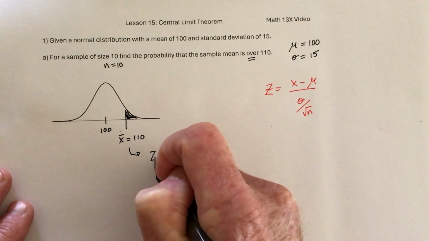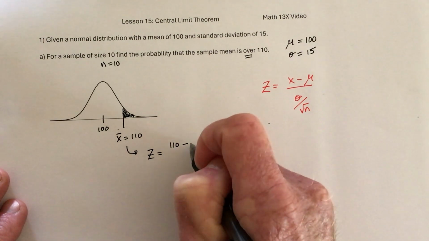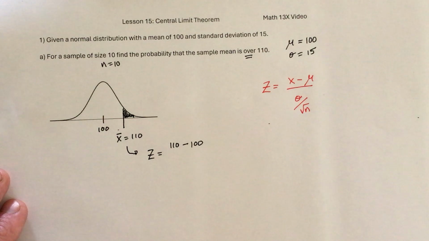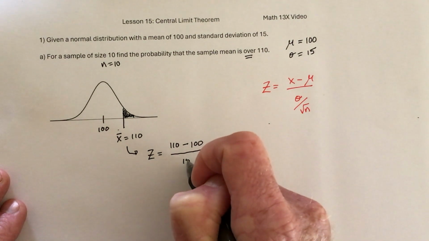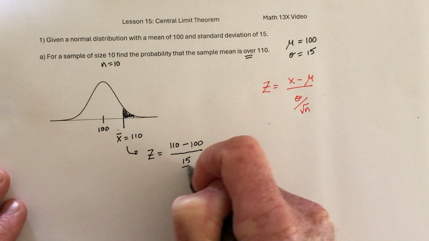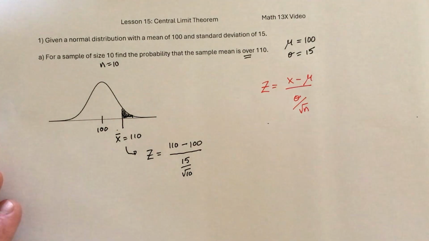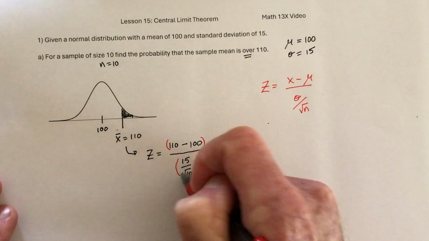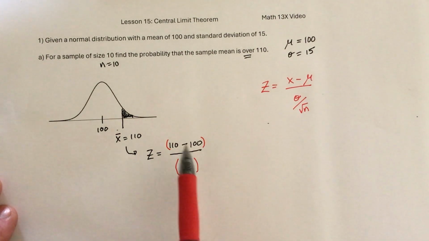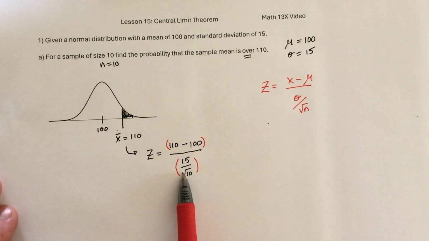The z equals, take the score of 110 minus the mean, which is 100, then divide by the standard deviation, and then that gets divided by the square root of n, which in this case is 10. And when I do this on the calculator, I'm going to put parentheses around this and parentheses around this, so the calculator understands this is the top of the fraction and this is the bottom of the fraction.